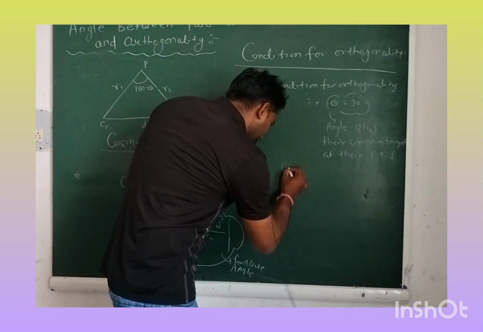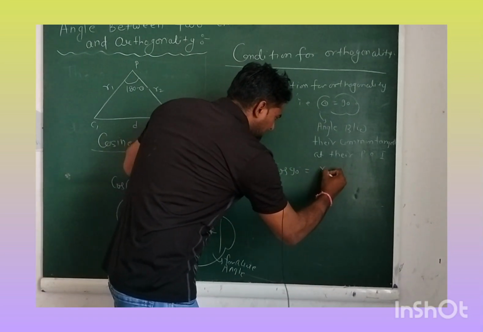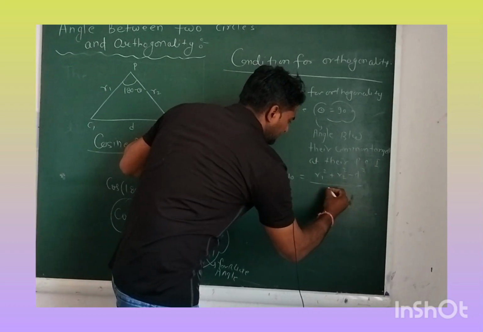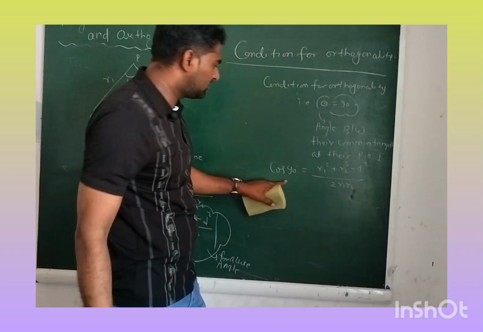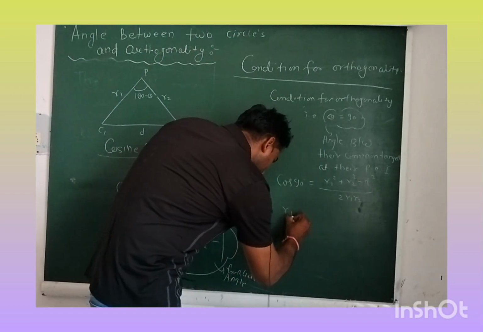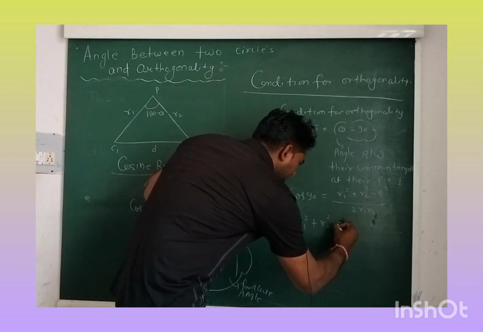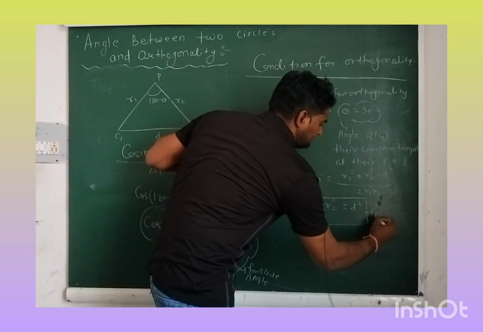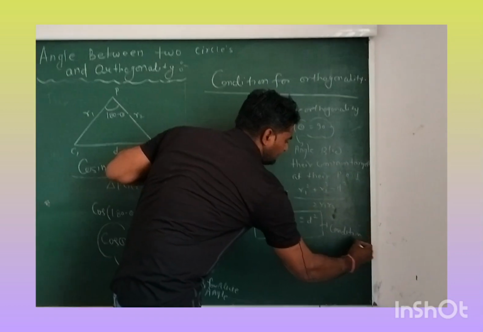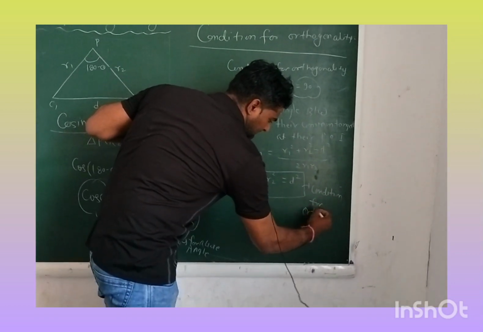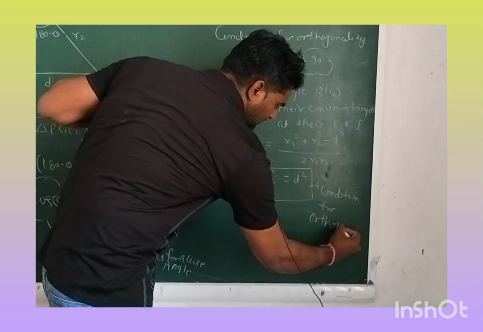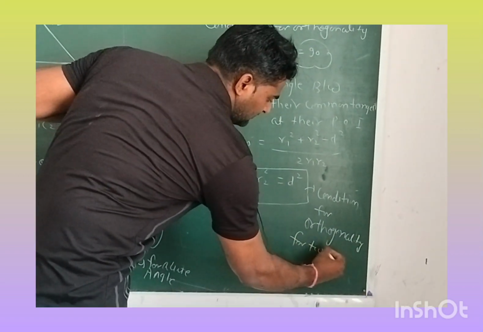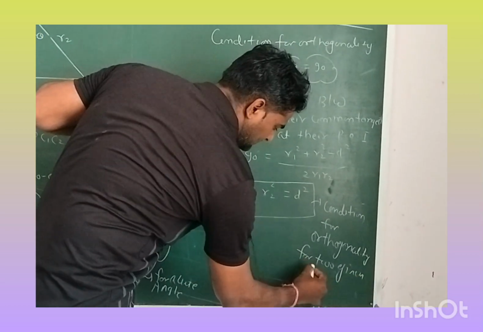So cos 90 is equal to (R1 square plus R2 square minus D square) by 2 R1 R2. Cos 90 is 0. So what do you get here? R1 square plus R2 square is equal to D square. So this is the condition for orthogonality for two given circles.